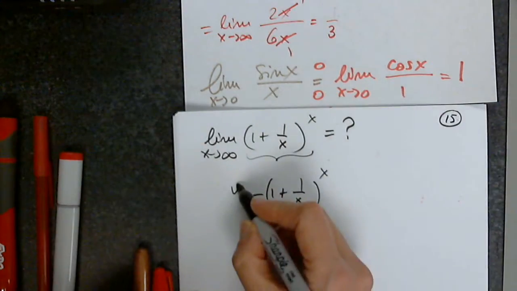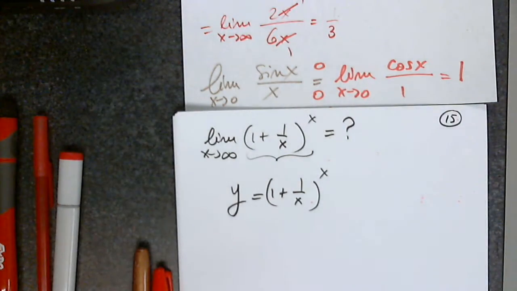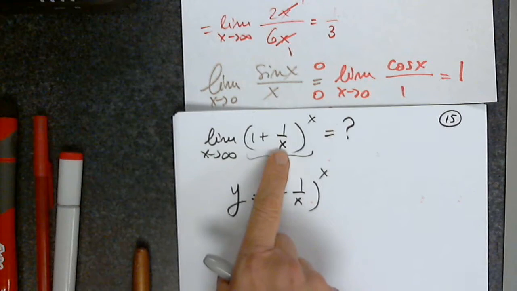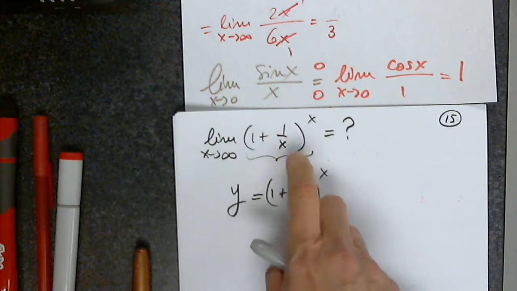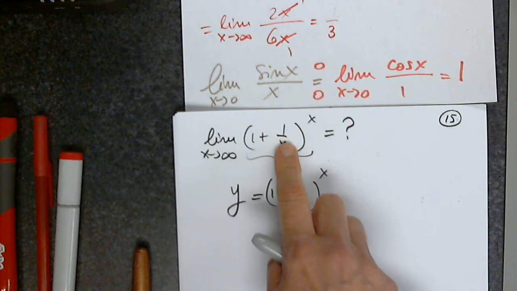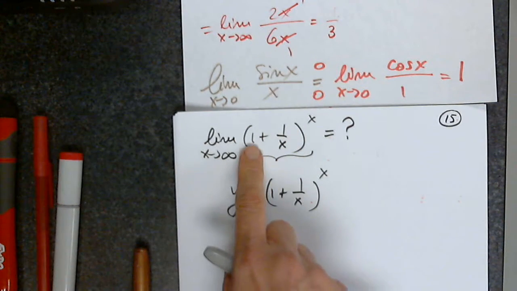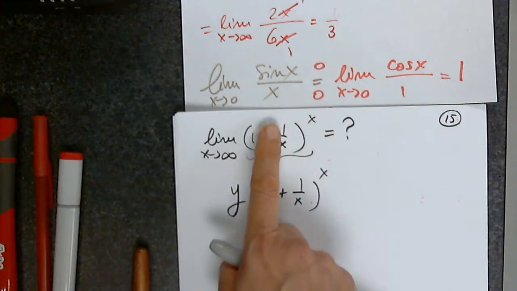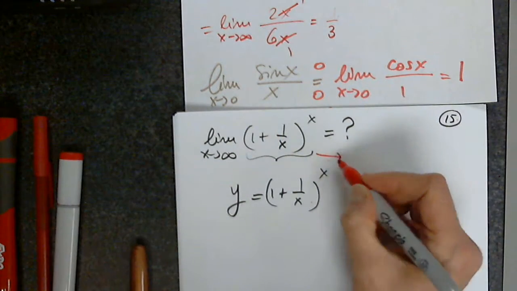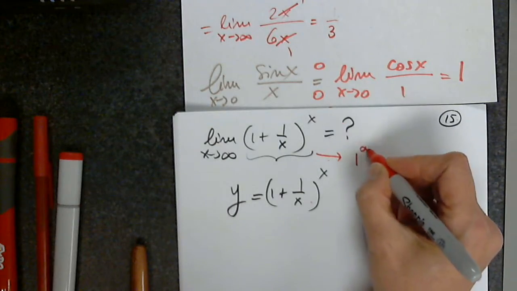Of course. And before that, I should have asked you, please plug it in. 1 over infinity. As x approaches infinity, we have this result from chapter 2. What does this equal to? Perfect. How much is 1 plus 0? 1. So this will go to 1 raised to infinity.